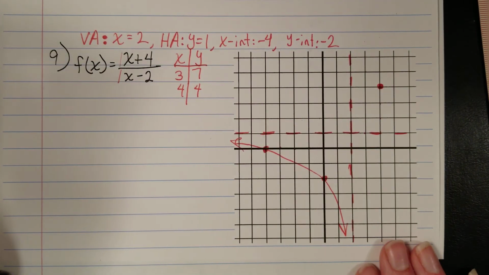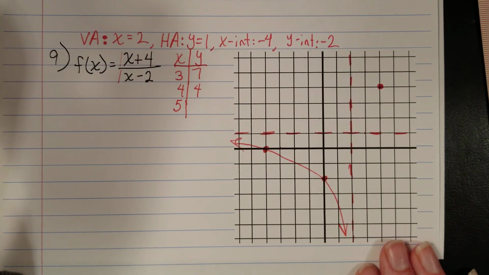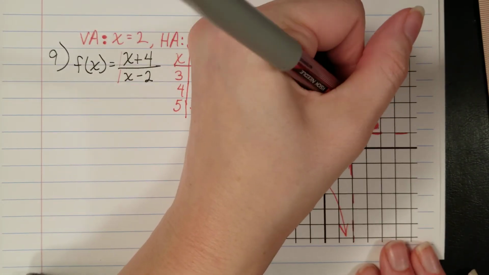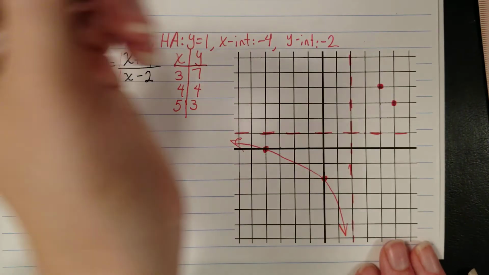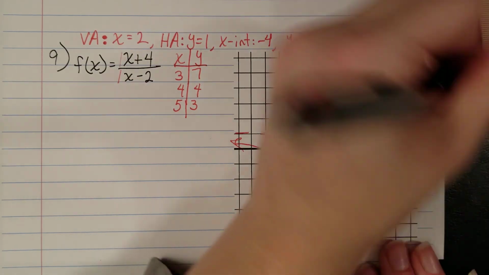All right. What about 5? That'd be 9 over 3, which is 3. So that's right there. Okay. That's good. Yeah.